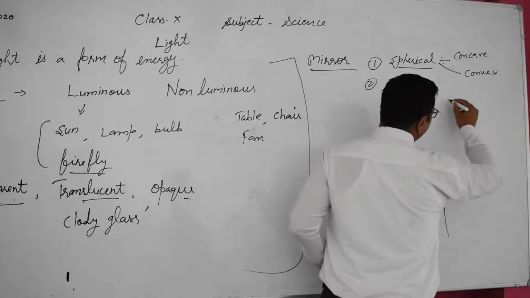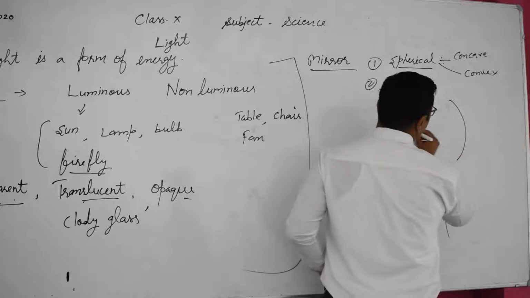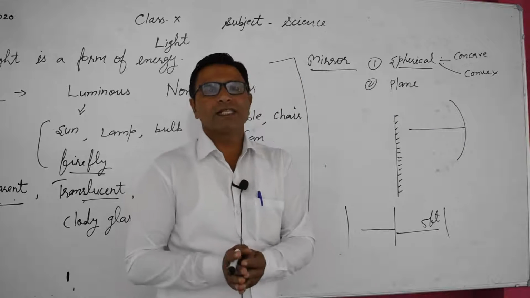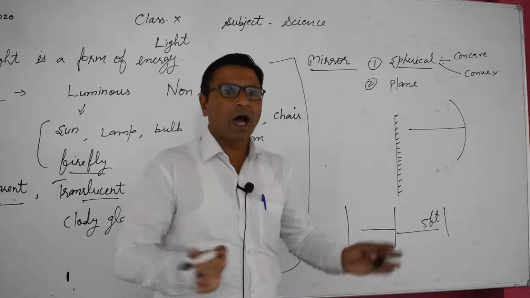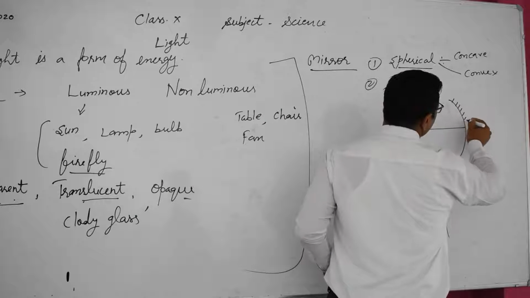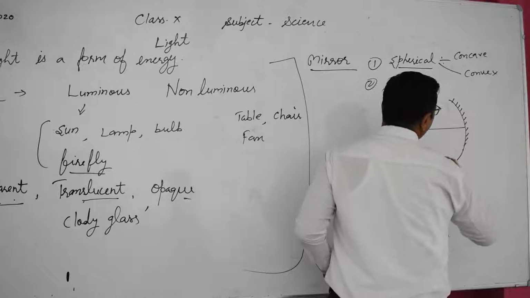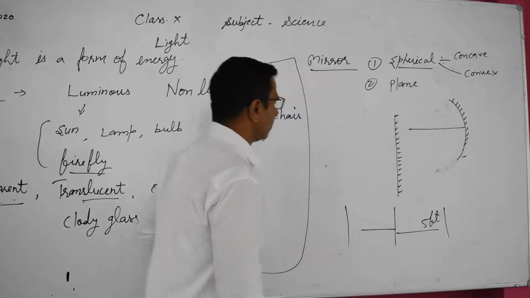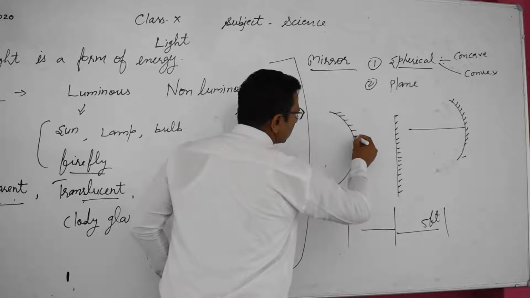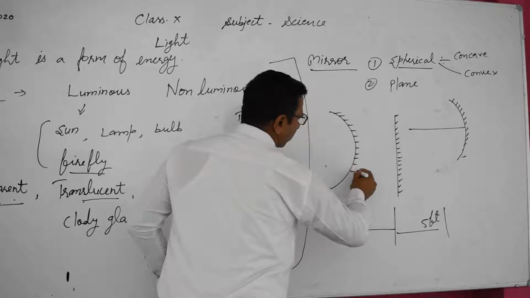Like, if we polish the outer surface of the mirror, so these are called concave mirror. So students, these are concave mirror.